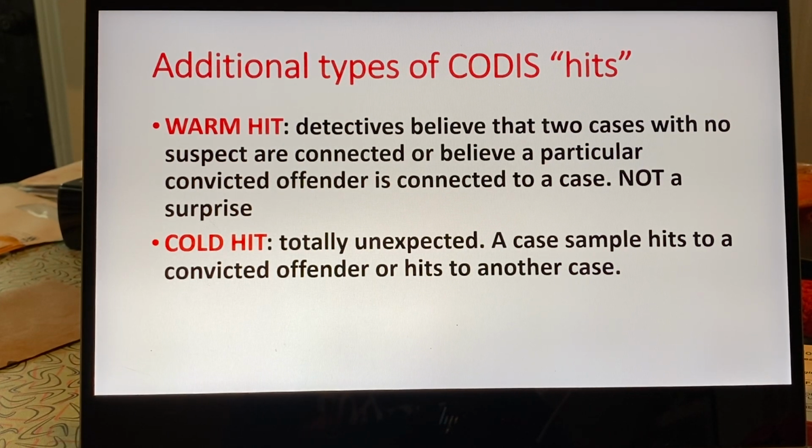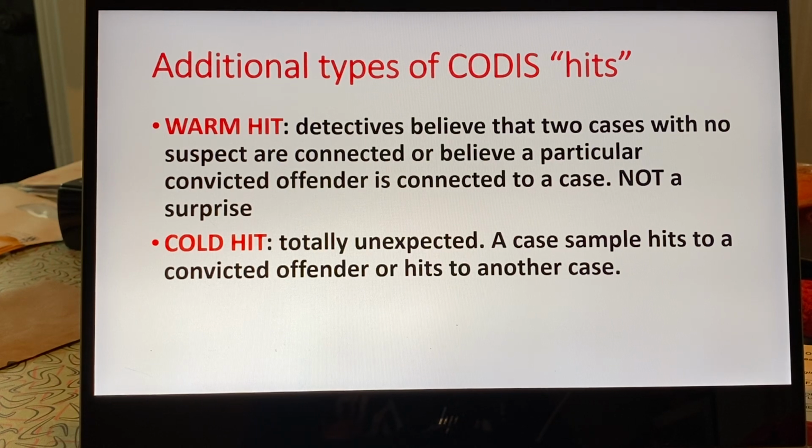What's really exciting is what we call a cold hit, where it's totally unexpected, where, as an analyst, you have a case where you've generated an unknown profile, you're entering it into CODIS, and then boom, you get a notification that, hey, guess what? This is hitting to another case where there also is no suspect. Or even better, hey, this hit to a convicted offender, and now there is a real viable suspect of who, we believe, committed this.